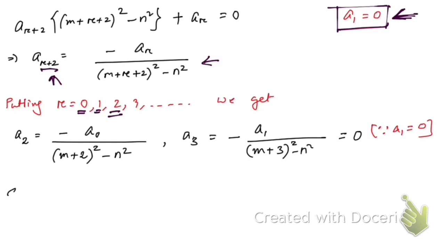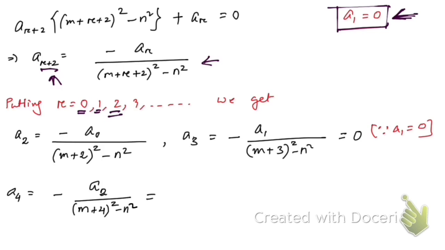Then we have a4, and a4 is equal to minus a_r divided by (m+2+2)² − n², that is (m+4)² − n².